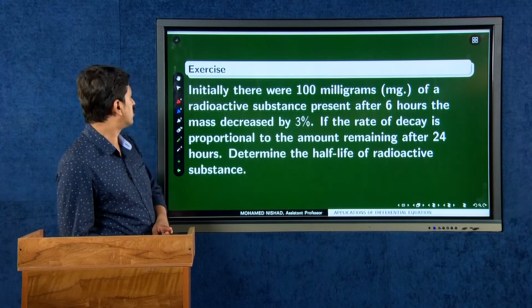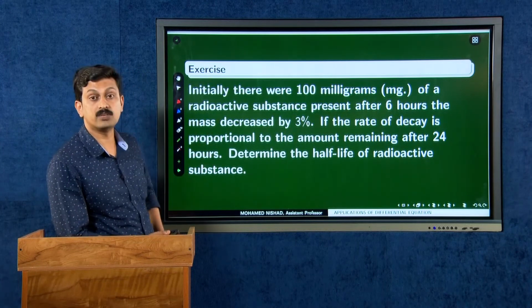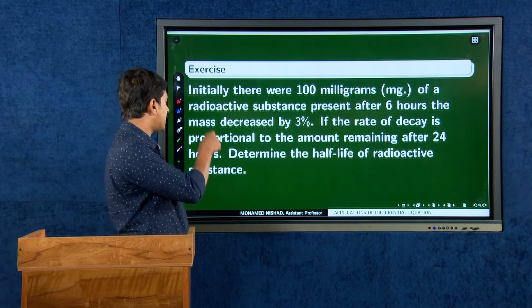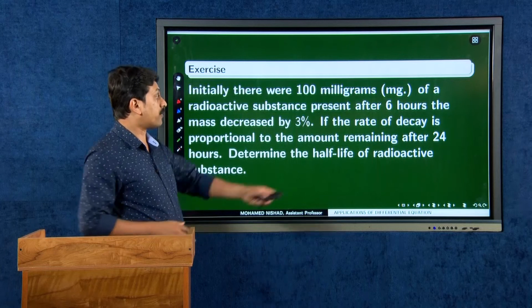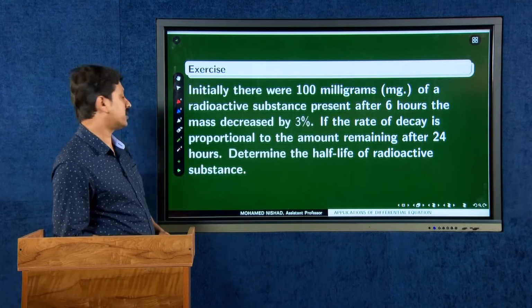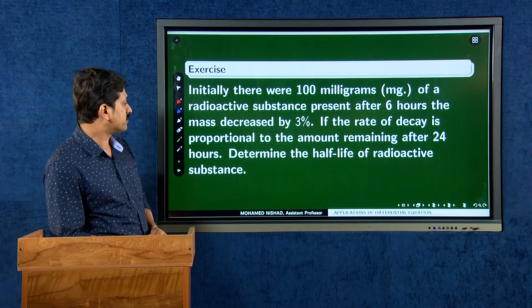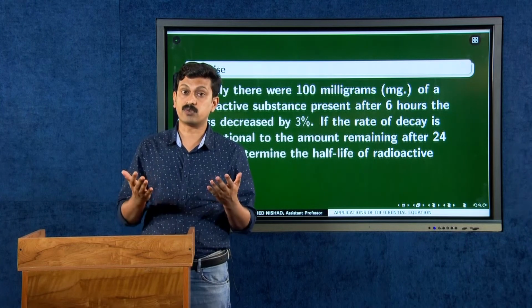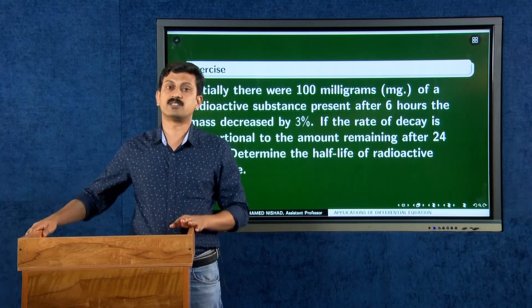After 6 hours, the mass is decreased by 3%. If the rate of decay is proportional to the amount remaining, after 24 hours, determine the half life of the radioactive substance.